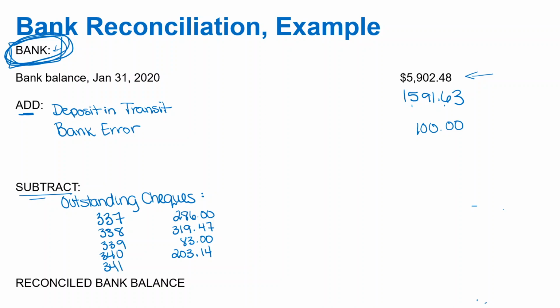And the last one, number 341, was for $458.53. So we can come up with the total and subtract that over here. So the total of these checks is $1,350.14.